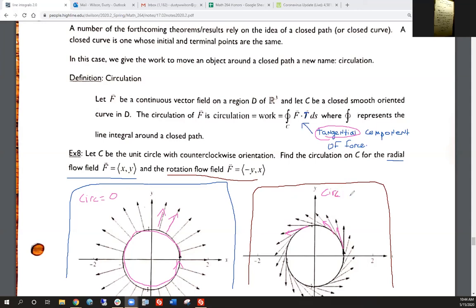Might not be able to get a number out, but circulation would certainly be not 0. Is that safe? Maybe even maximum. Yeah, because the entirety of the force is the tangential component. Exactly. So the dot product of the T and the F are lining up together perfectly.